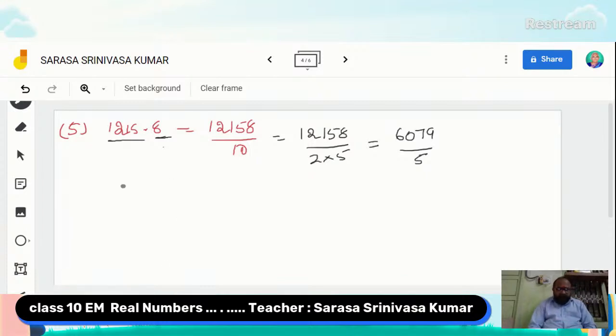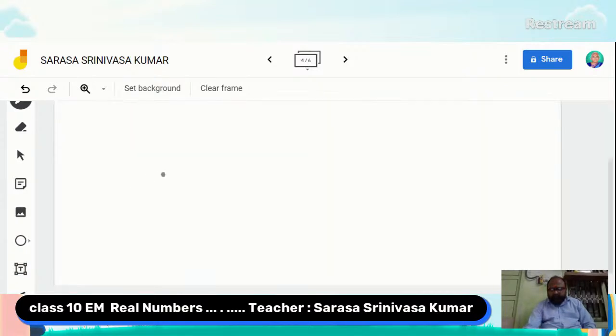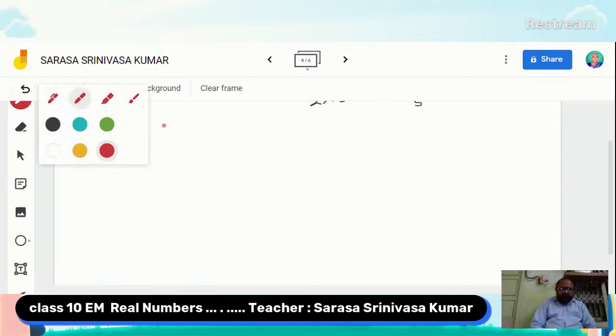Now, Theorem 1.3. We write the statement of the theorem.